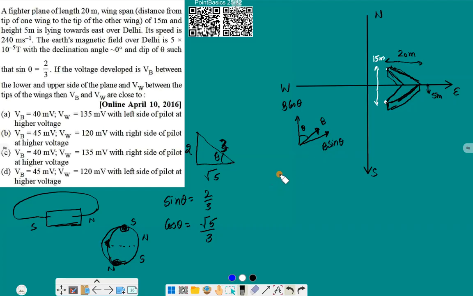Now we will find the voltages, and voltages can be found as we know the EMF induced is given by B into L cross V. So this B cos theta component is perpendicular to this 20-meter length.